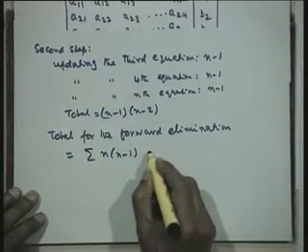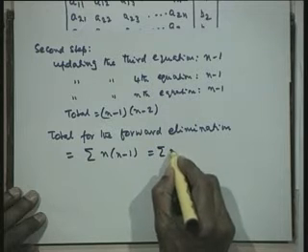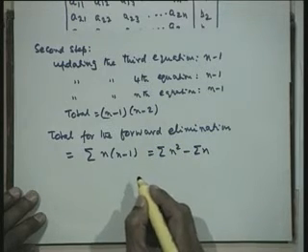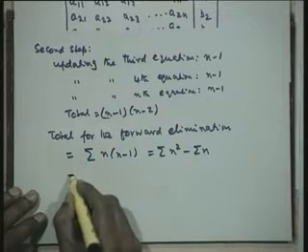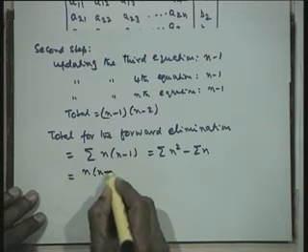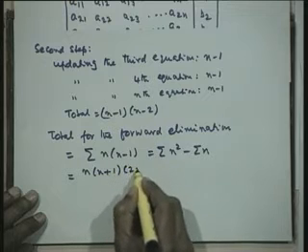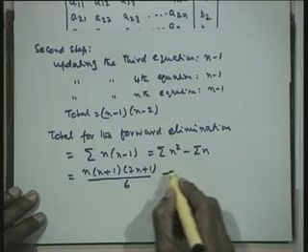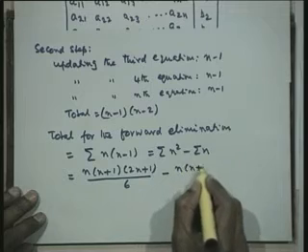Let us simplify this, let us open this up. This is summation n square minus summation n. Summation of n square is known to us, that is n into n plus 1 into 2n plus 1 by 6, and summation n is n into n plus 1 by 2.